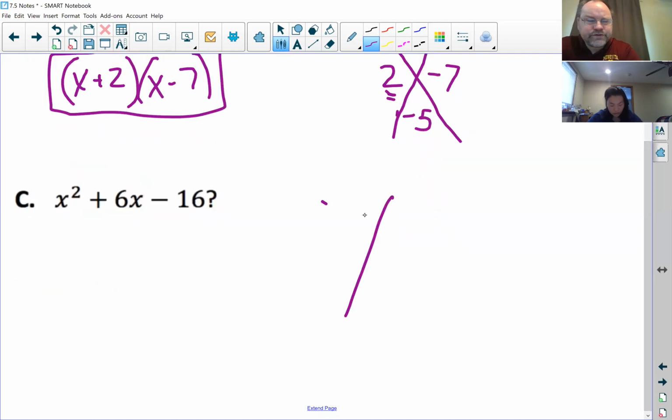Last example on this page: multiply to -16, add to +6.